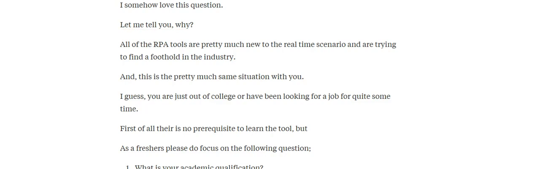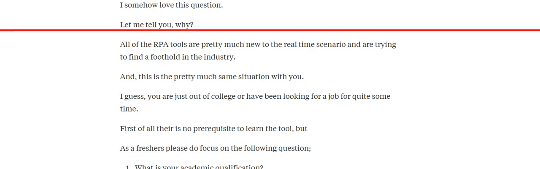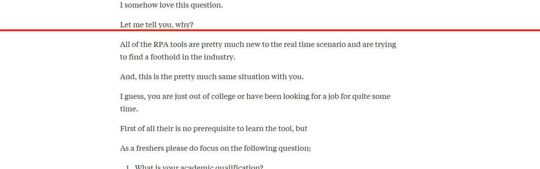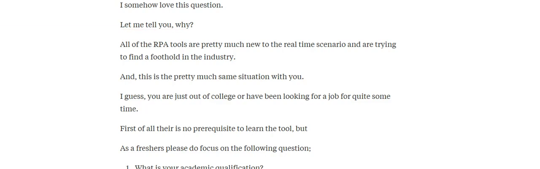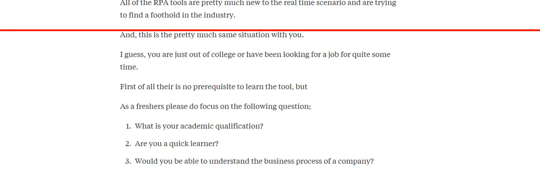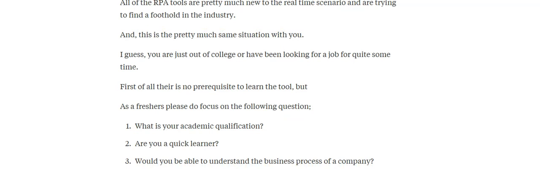Suppose you are a fresher, maybe you have completed your academic degree and you are entering the field of searching for a job. In that case, if you want to learn RPA, you first have to ask yourself these questions. Are you a quick learner?